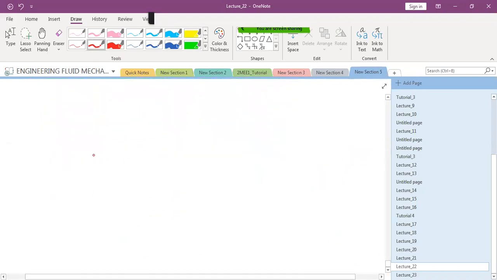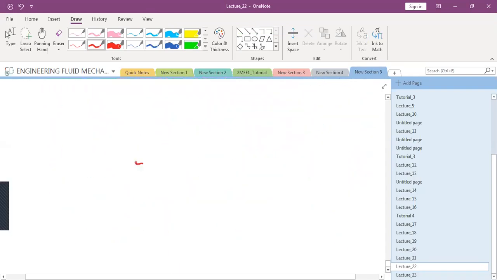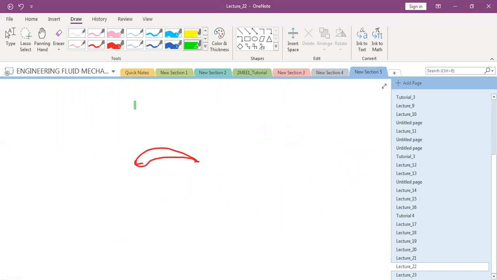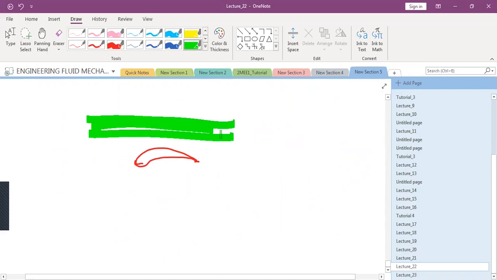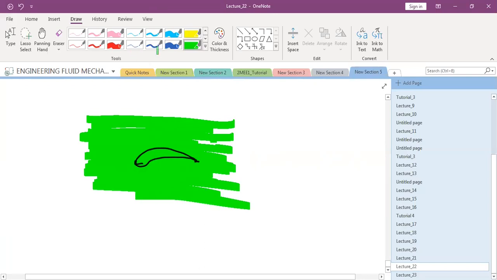Now I'm coming to the second example. This is again the same aerofoil, and this is the fluid. Now what I do is, I have started moving this aerofoil towards left.